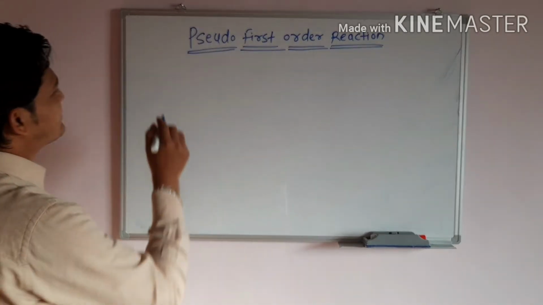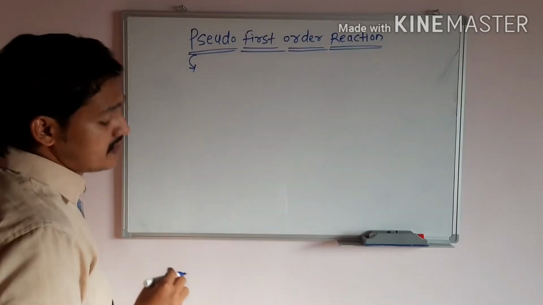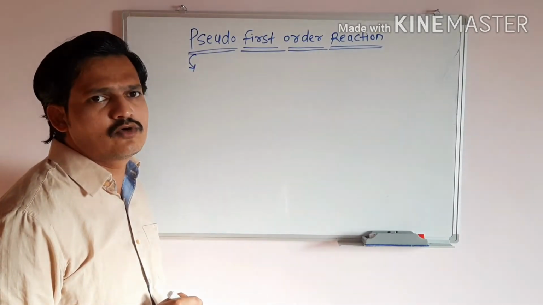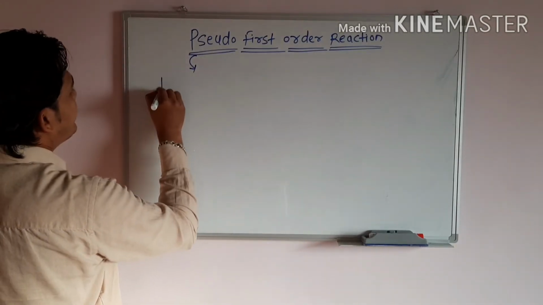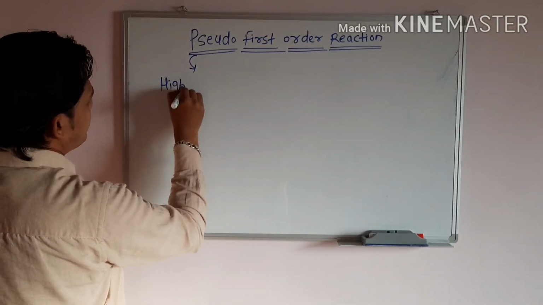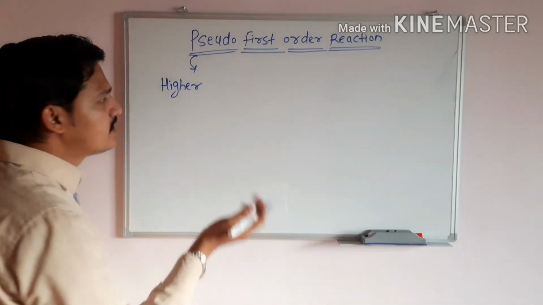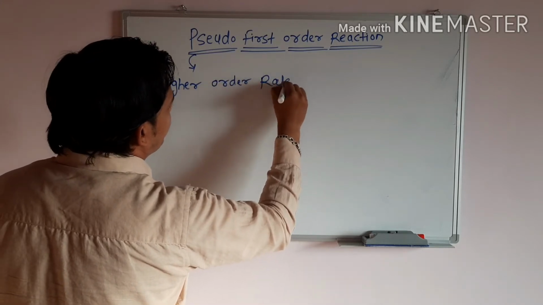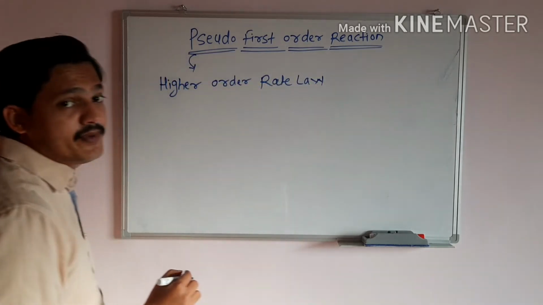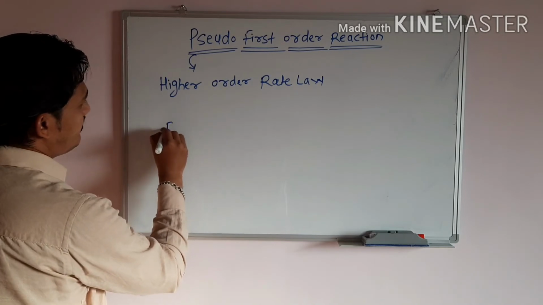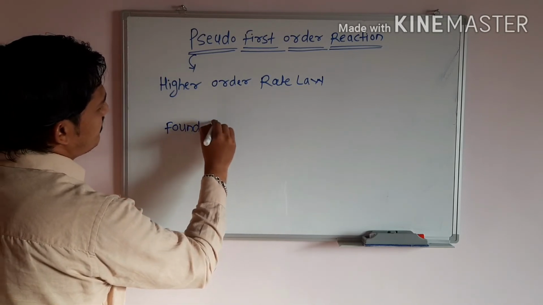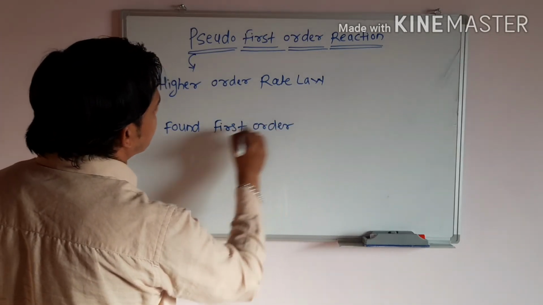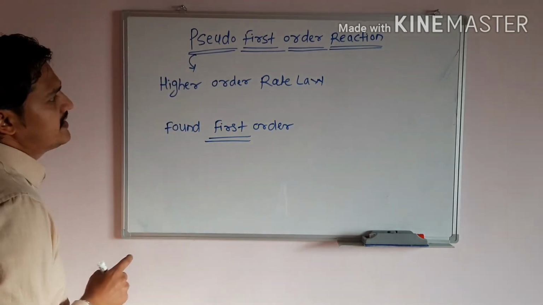So what is the meaning of pseudo first order? Pseudo first order means the reaction is expected to have higher order in rate law, but found to be first order, is called a pseudo first order reaction.